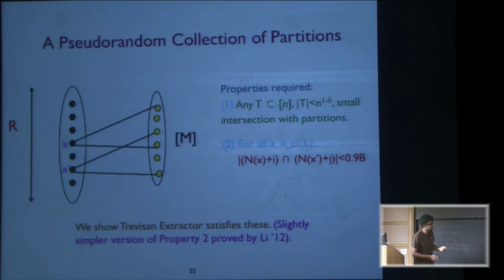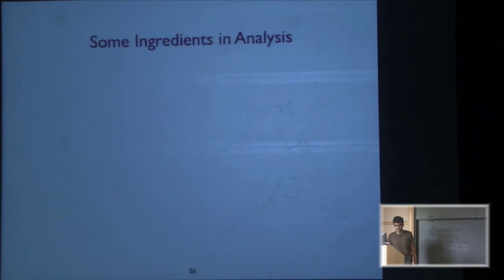We show that a construction of Trevisan satisfies both properties. The second property, in a simpler version where the I_j are zeros, was proved by Shin in 2012. So we show that the Trevisan extractor has these nice properties, and this can be used to get a collection of partitions.